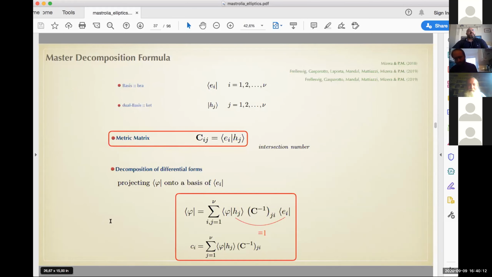Therefore, in this respect, the master decomposition formula becomes the engineering tool to derive or to propose the derivation of the identities between the integrals. One starts from the form definition, building the metric matrix, and using it either to build orthogonal forms or to directly obtain the coefficients of the relation.